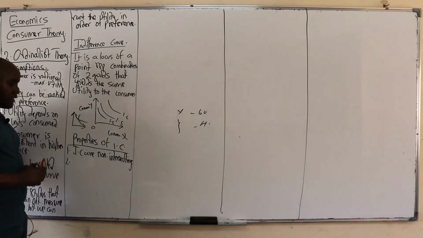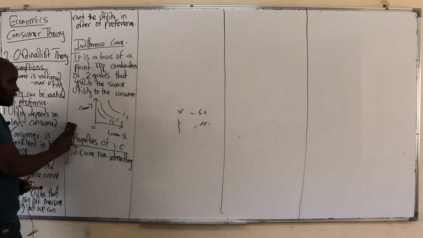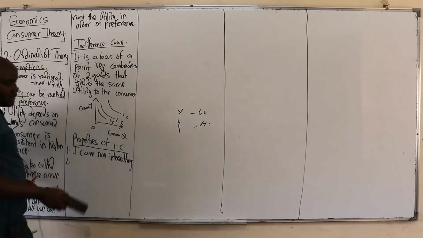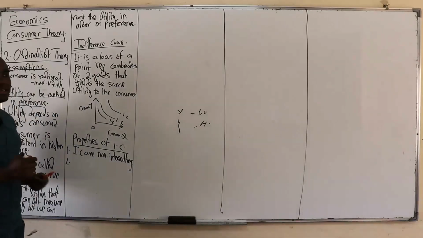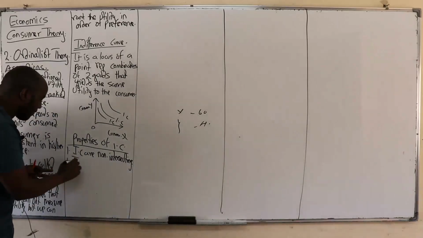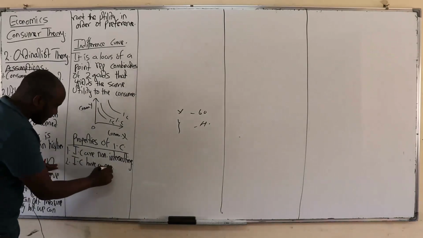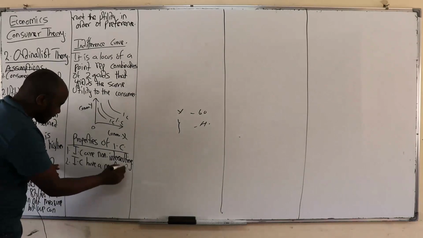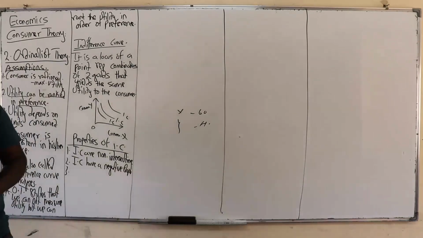So indifference curves do not intersect. Number two is that indifference curves have a negative slope. Number three is that indifference curves are convex to the origin.